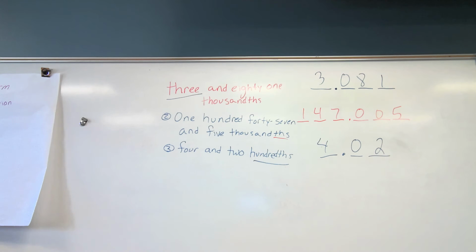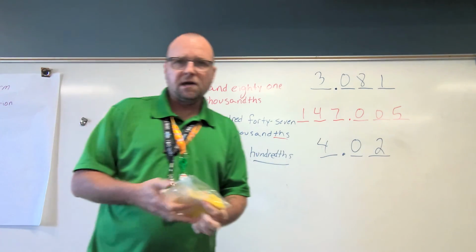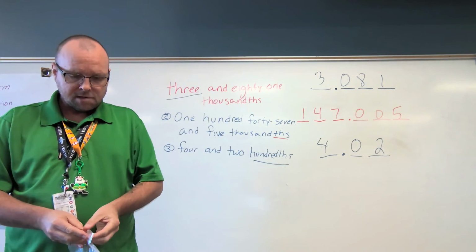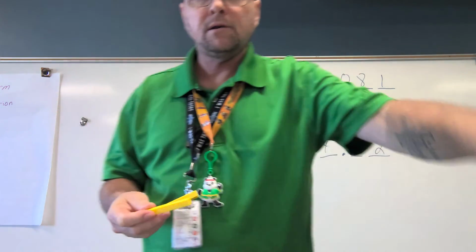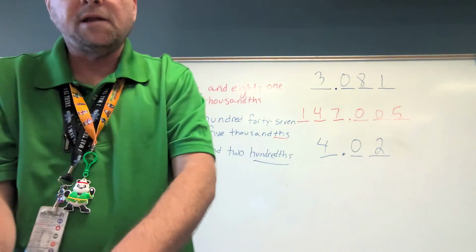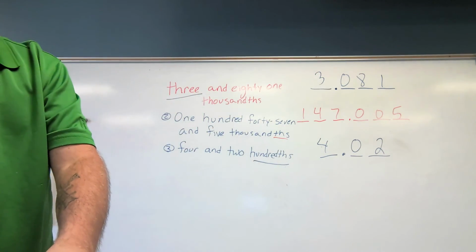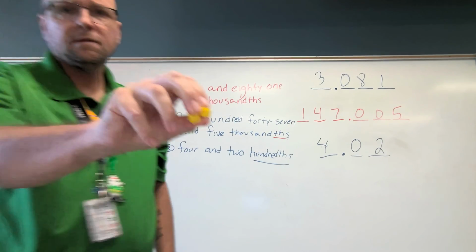That means I do not have any tenths. I have a 0 in my tenths place. Sorry, I should have planned this better. So I have none of these. But I have 2 of these.